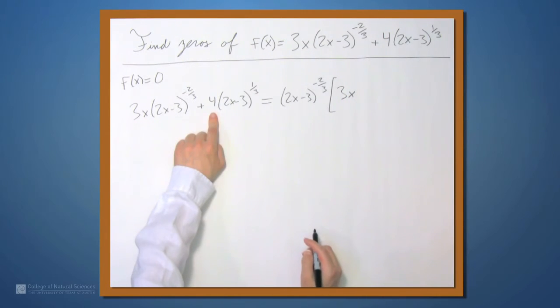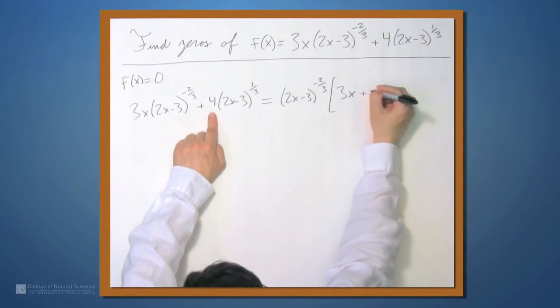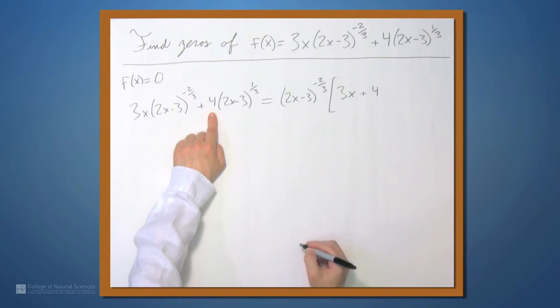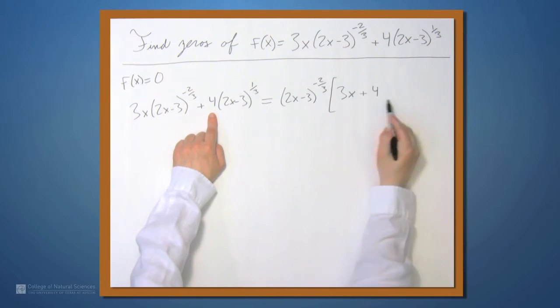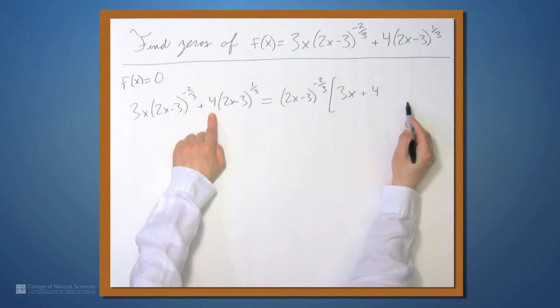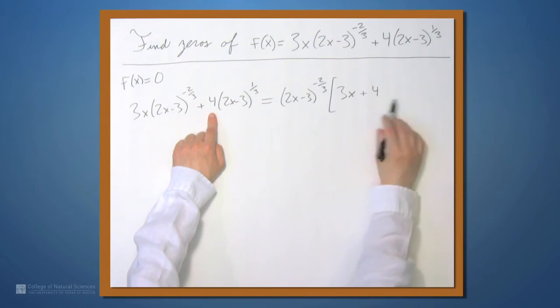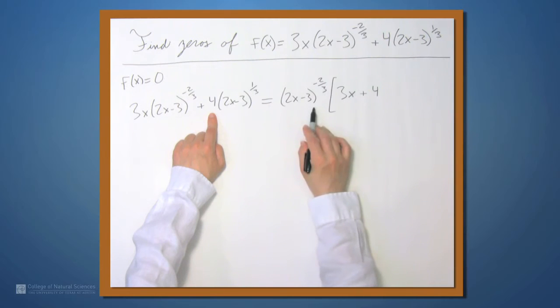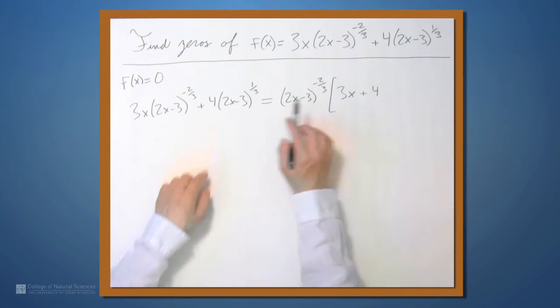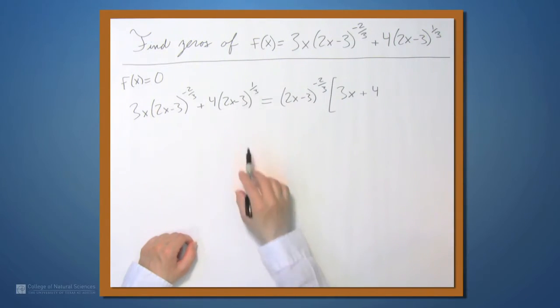What about the second part? Well, we have a 4, so we're going to have plus 4. But now whatever we multiply 4 by in these brackets, that term needs to multiply by this guy, (2x - 3)^(-2/3), to give us (2x - 3)^(1/3).